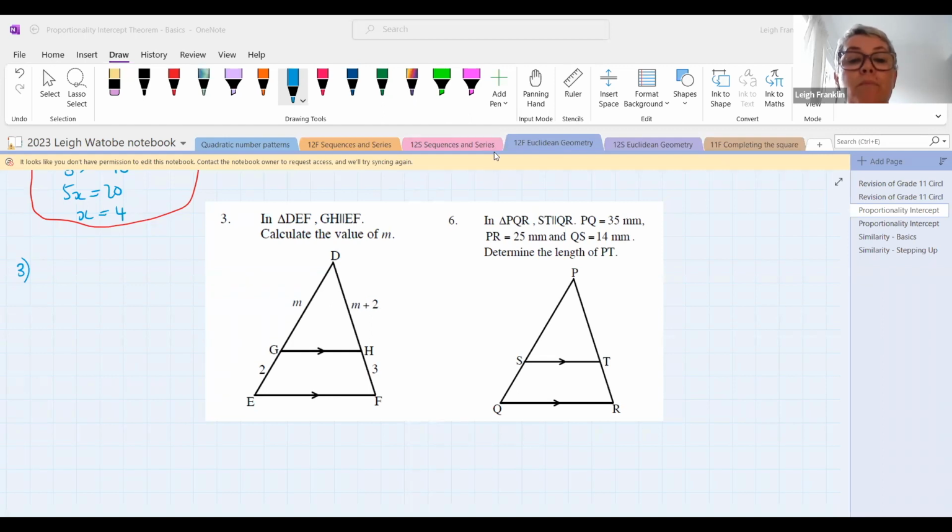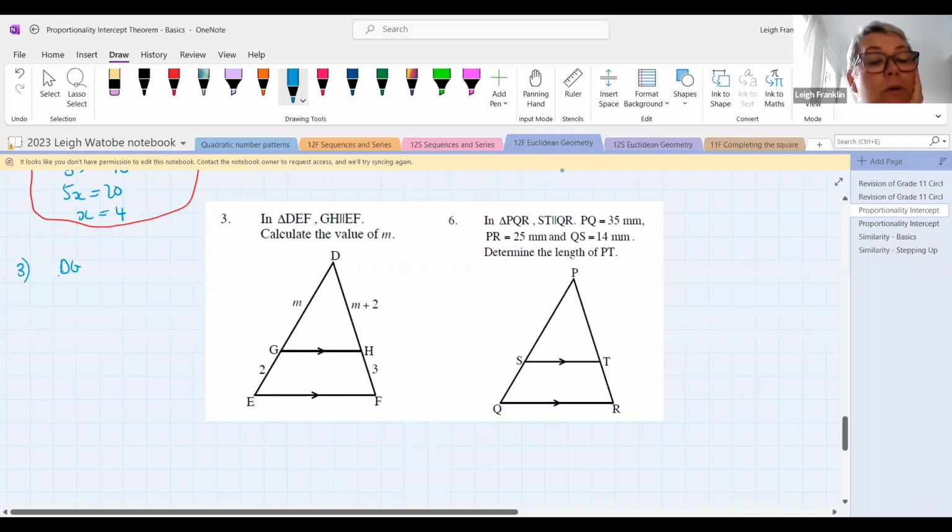We'll go with DG over GE equals DH over HF.